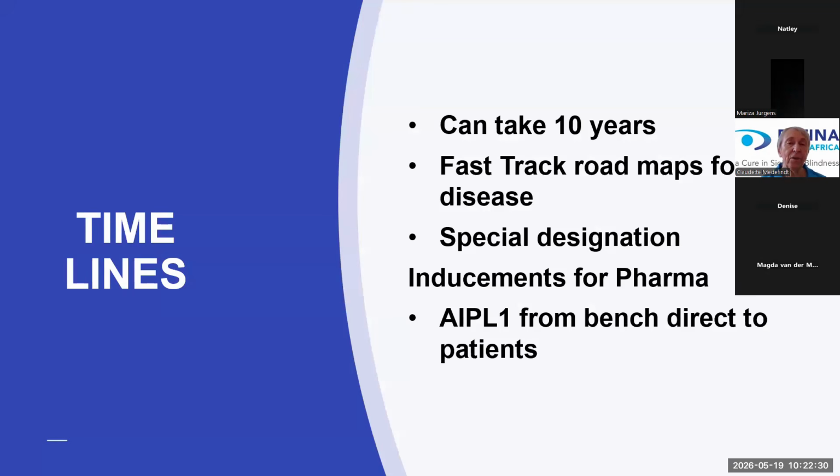Well, what are the outcomes? What are the timelines? We know that a clinical trial can take 10 years, but luckily there is a system in Europe and in America to fast track. For rare diseases particularly, there are special designations that they will give if it's a very rare condition and it's devastating, like in LCA.